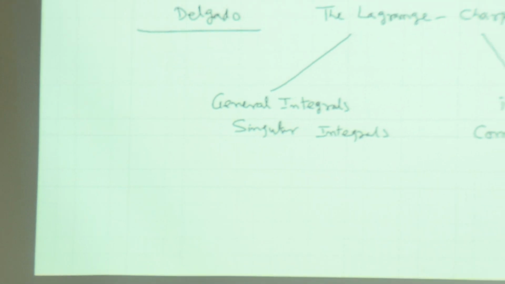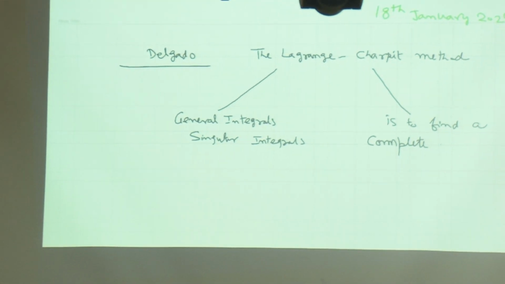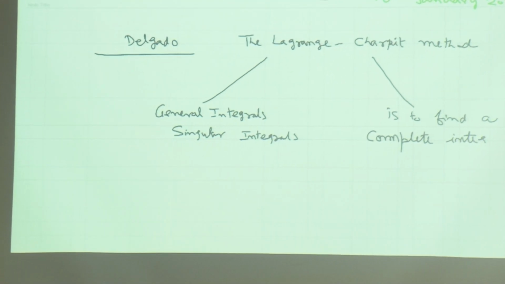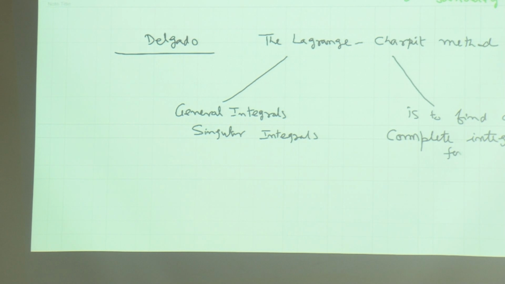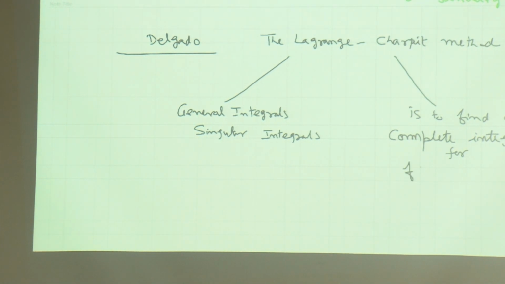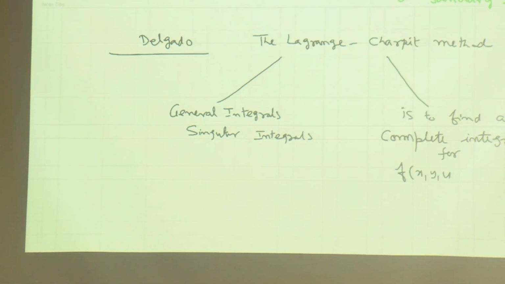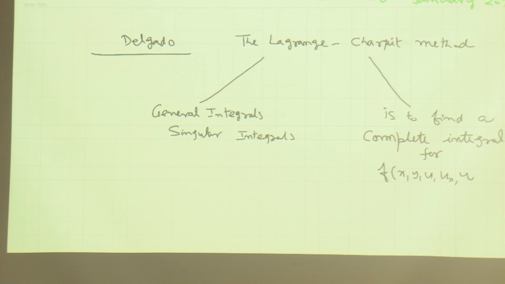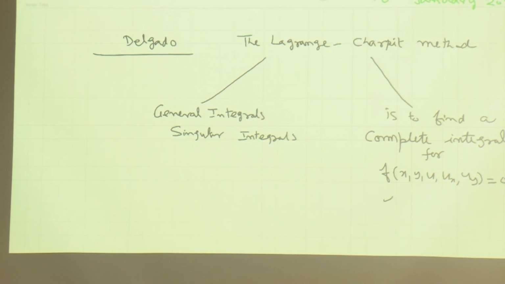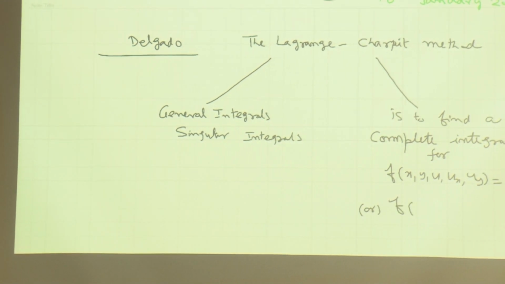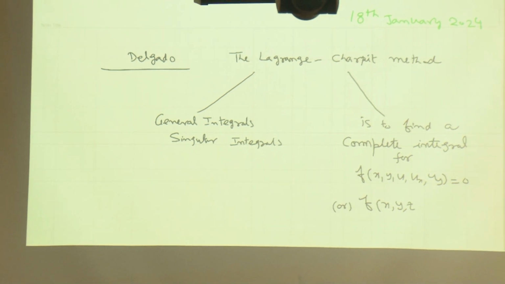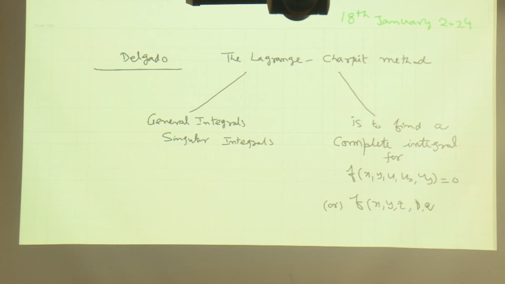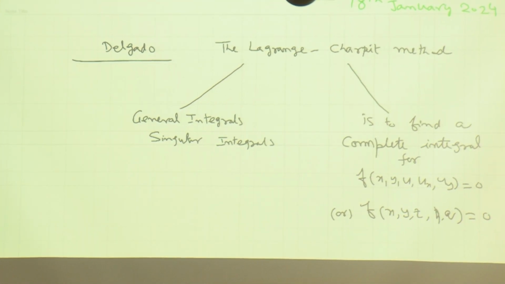This method is to find a complete integral for a nonlinear PDE, which is F(x, y, u, ux, uy) equal to 0, or one also writes F(x, y, z, p, q) equal to 0.